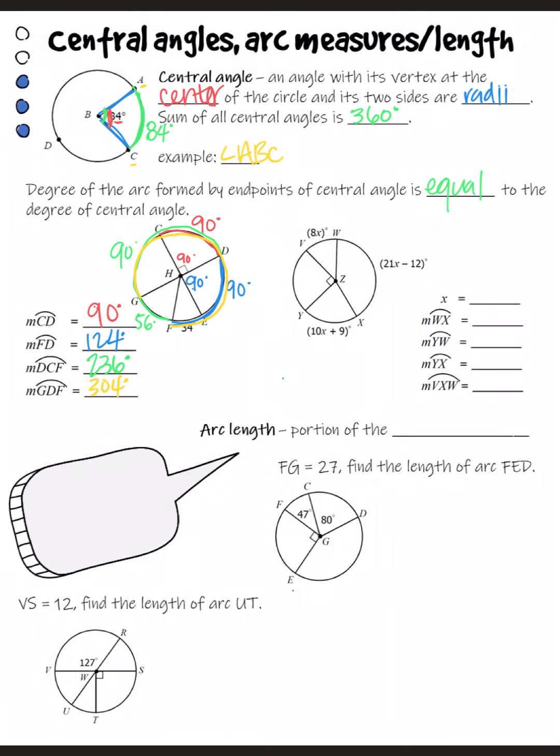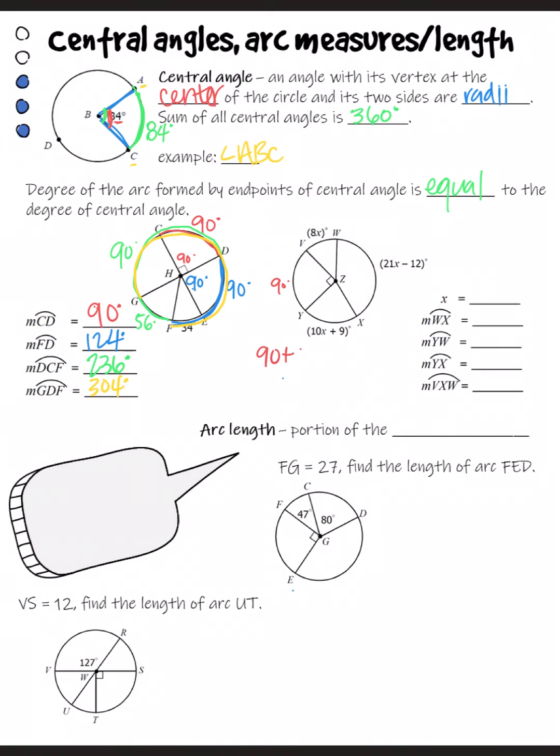So now we're given equations for the arc measures. And we need to figure out, one, what x is, and then what these arcs measure, okay? So we're given that this is 90 degrees, so this is 90. So we are going to add them all up and set them equal to 360.